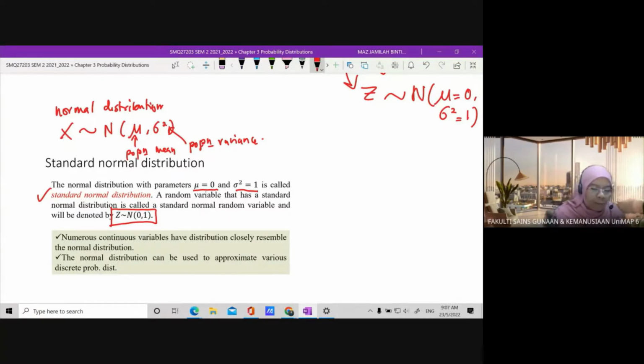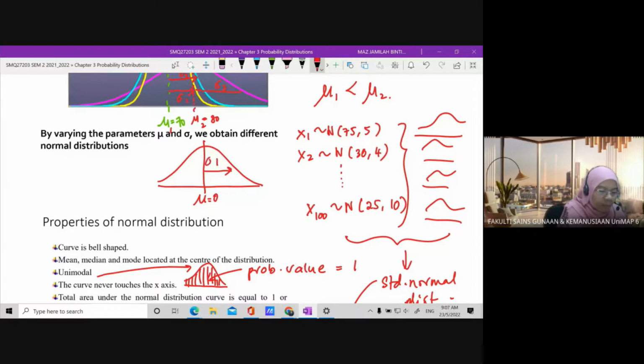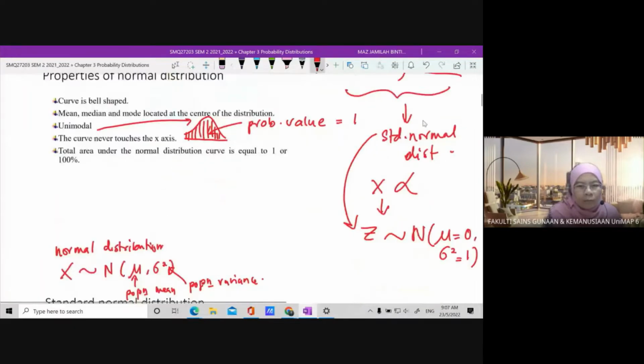So class, having said this, you have different means, different variances or standard deviations. Everything will be simplified or solved using this particular distribution. By using this distribution, you can solve any given normal distribution using the standard normal distribution.